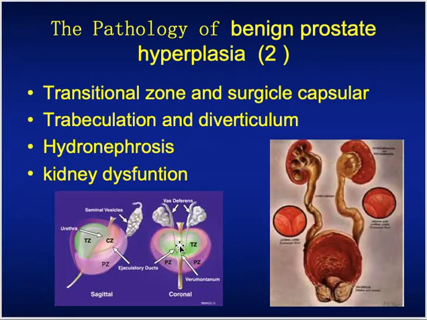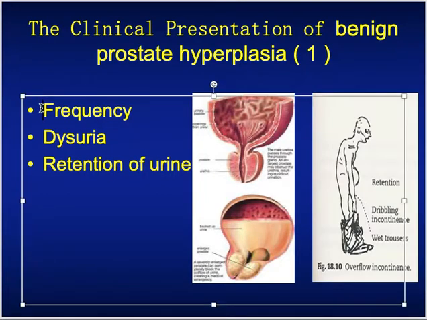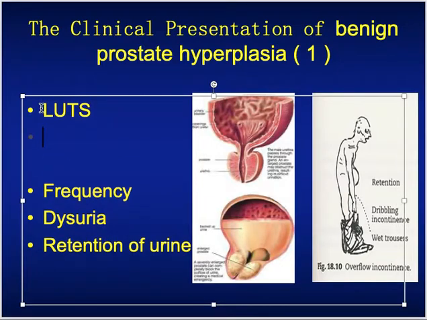Anyone who has benign prostatic hyperplasia presents with signs of bladder outflow obstruction, or you can say lower urinary tract symptoms. In the books you will find two terms: one is called LUTS and one is called BOO. LUTS is lower urinary tract symptoms, and BOO is bladder outflow or outlet obstruction.